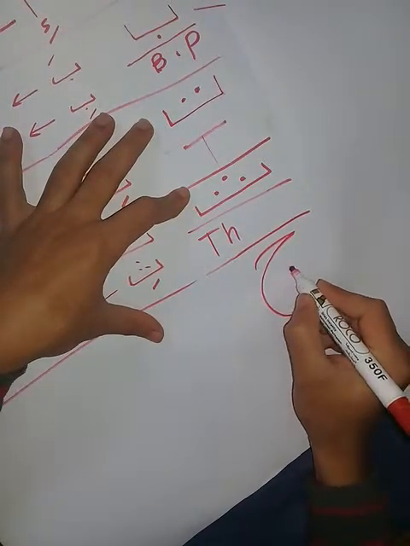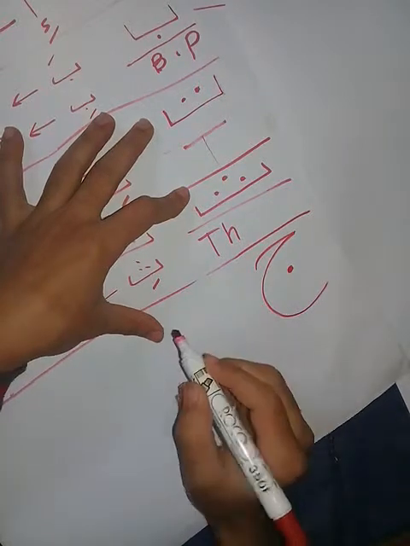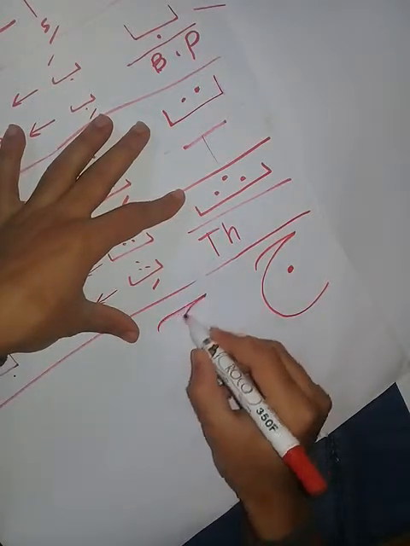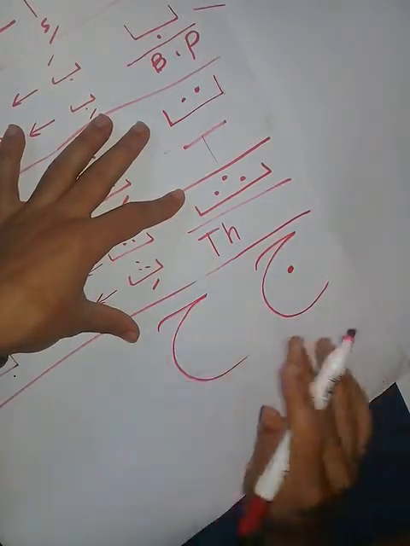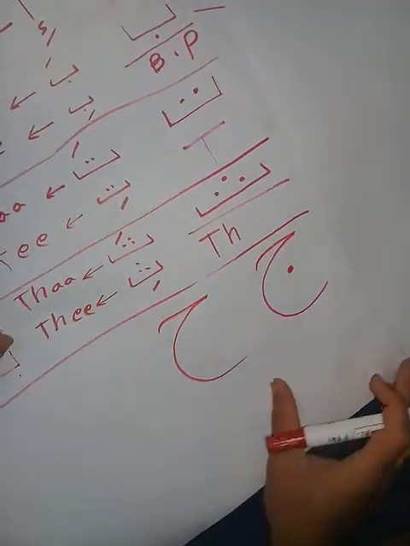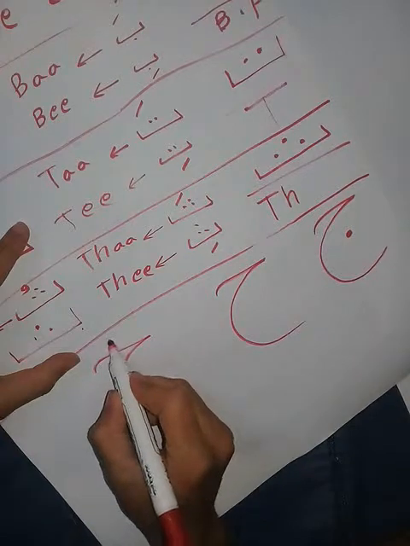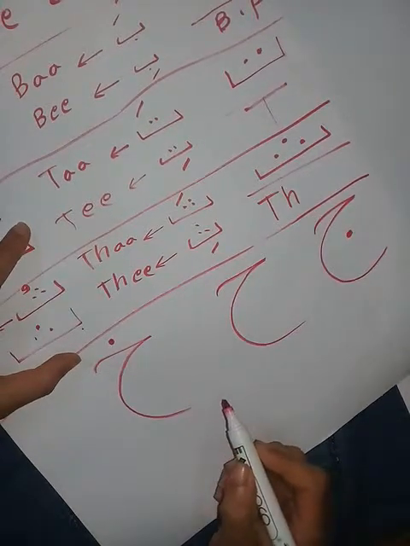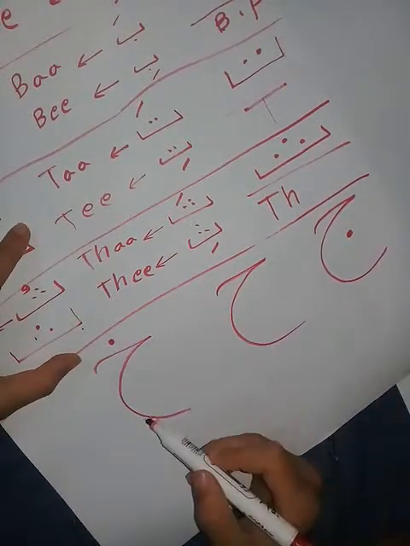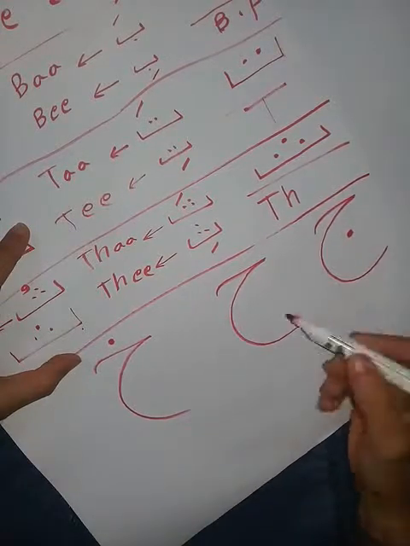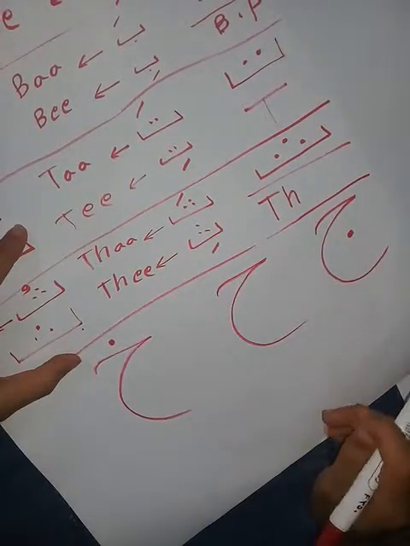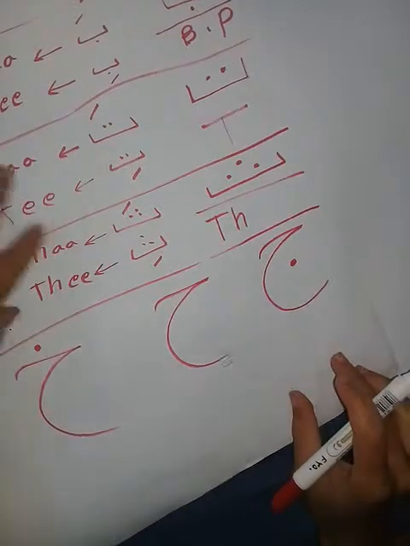This is جيم with a dot under it. حاء with no dots. And خاء. جيم حاء خاء. Three brothers in the Arab language.